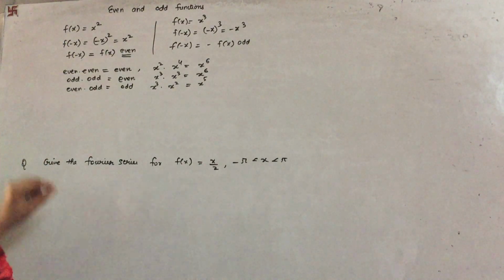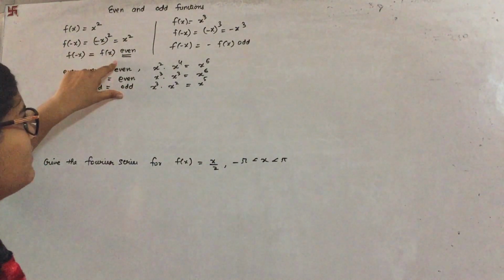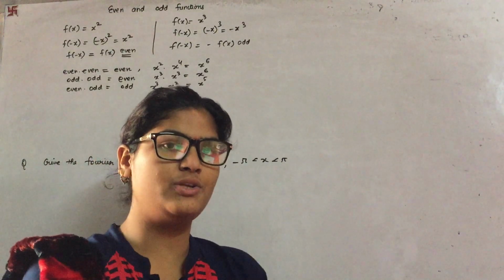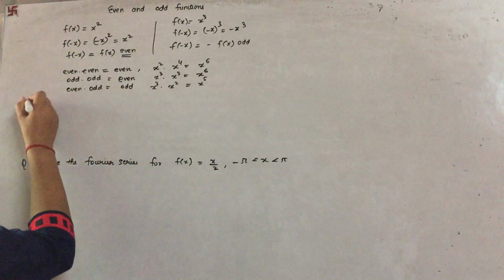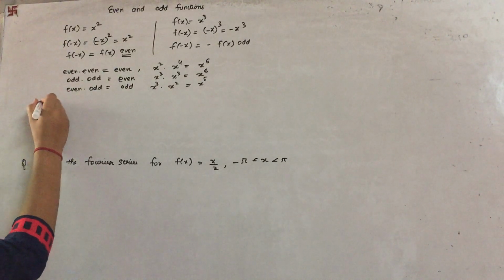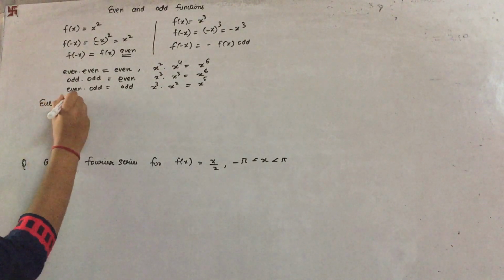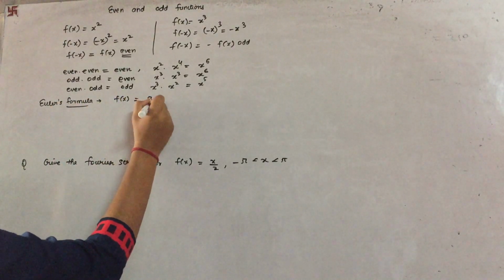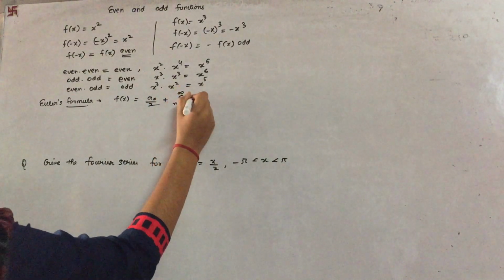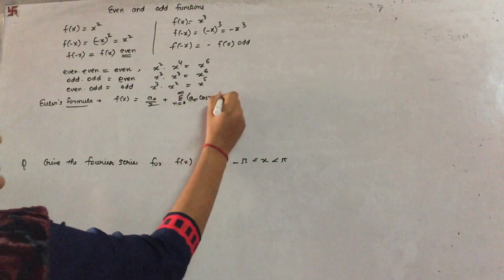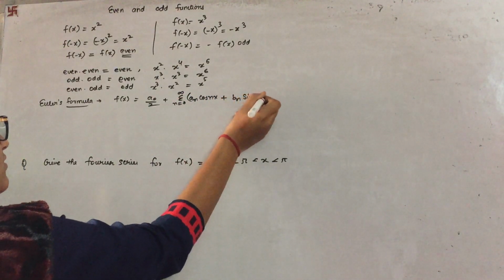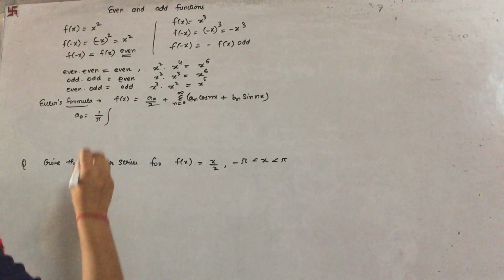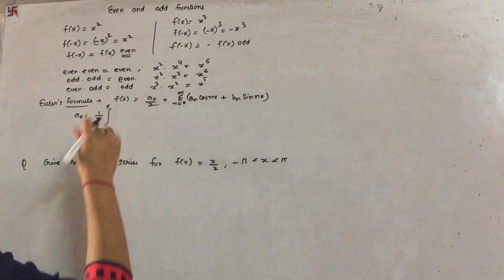So on the basis of what type of function you have, even or odd, there are different formulas for the Fourier expansion. What are they? Let us see. As we studied earlier, Euler's formula is f(x) equals a0 by 2 plus sigma n from 1 to infinity of an cos nx plus bn sin nx, where a0 is found by the integral of f(x) dx over whatever your limit is.